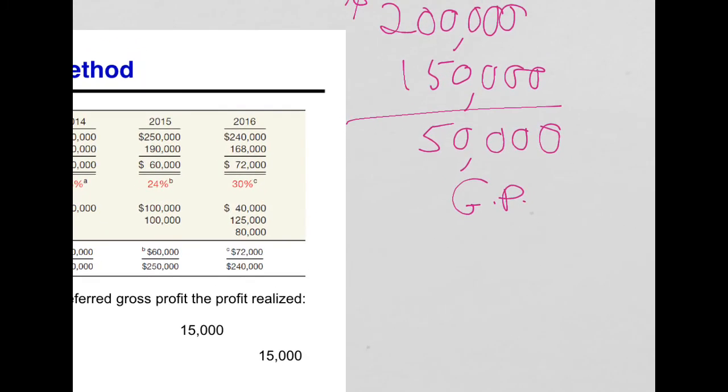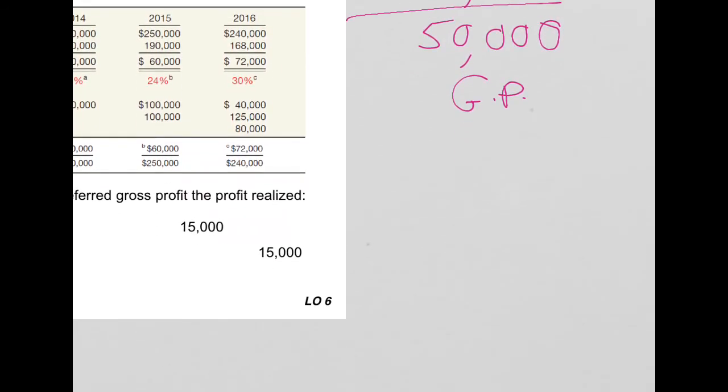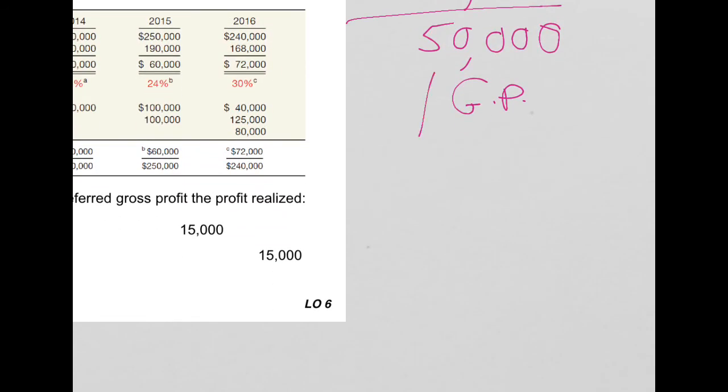What we're going to wind up doing is setting up the gross profit as being deferred, and we'll show that deferral in the following way. We'll set up an installment sale receivable, so let's call it installment sale AR for the $200,000.